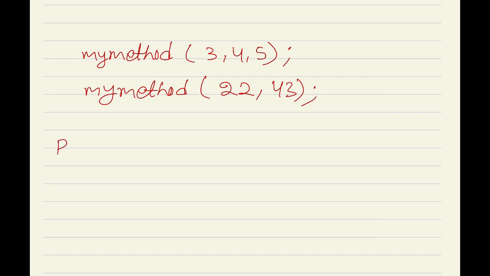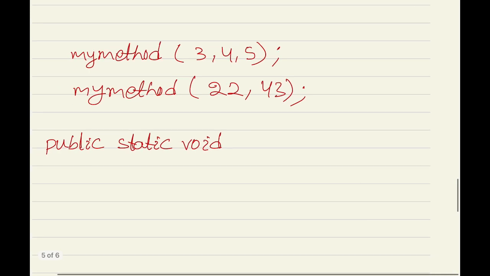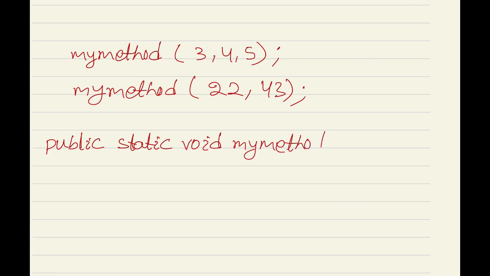So for this we can write like this: public static, and assume the return type is void, then the name of the method is my method, and here in the parameter list we can write the type.